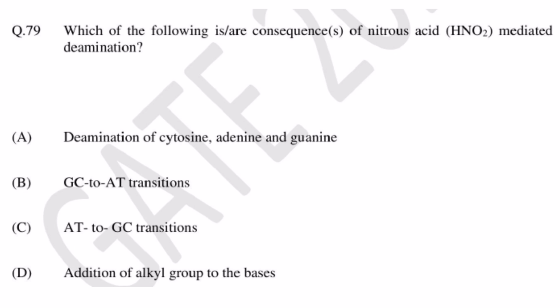Then deamination of adenine will give rise to hypoxanthine, and this hypoxanthine will pair with cytosine. So in the next round of DNA replication, you will get AT to GC transition. So the consequence of nitrous acid mediated deamination is deamination of cytosine, adenine, guanine, GC to AT transition and AT to GC transition.